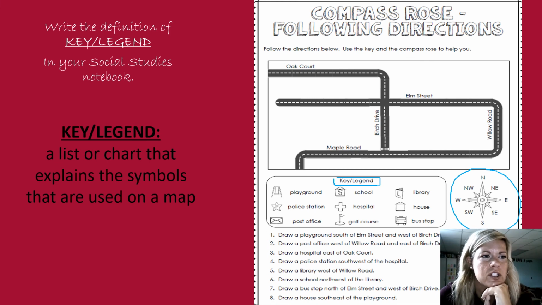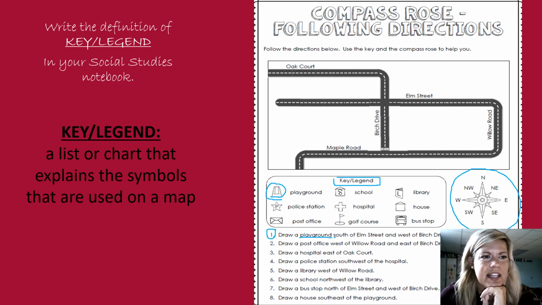Okay? So let's start with number 1. It says draw a playground south of Elm Street and west of Birch Drive. Okay? So first let's find the symbol for playground. It's like a swing. That's what we're going to have to draw. And then we're going to go and see where we need to draw it.